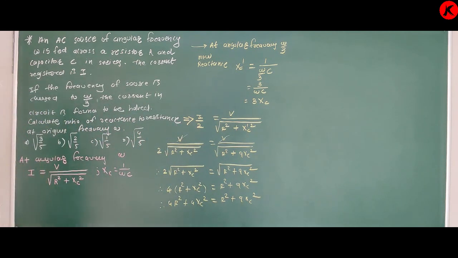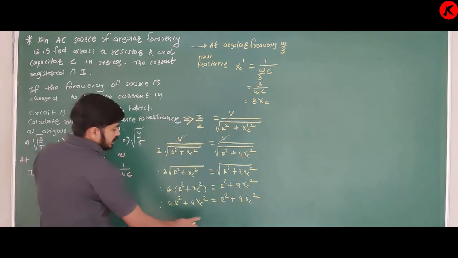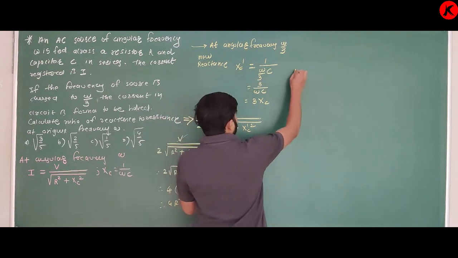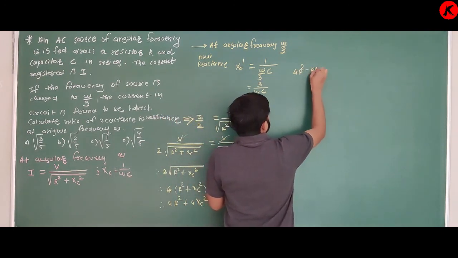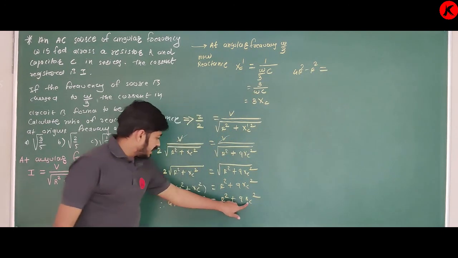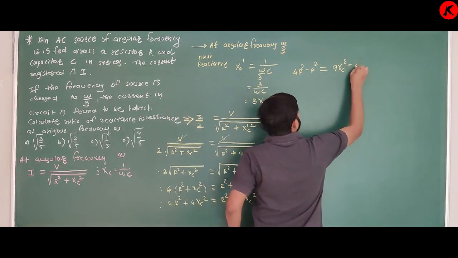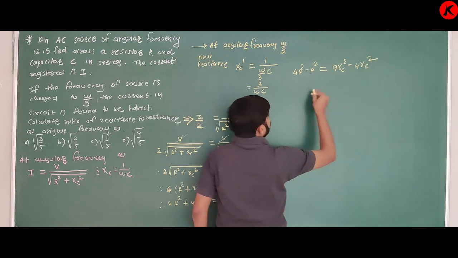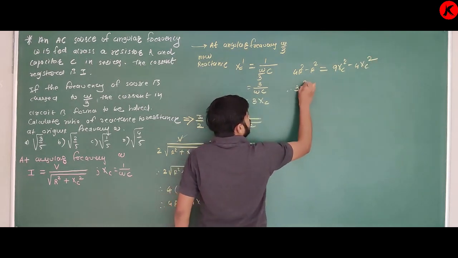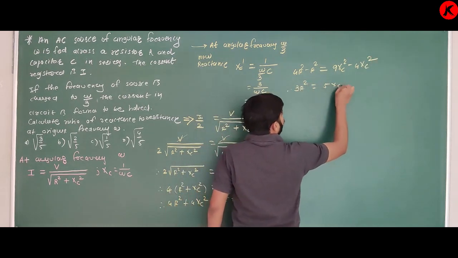Any doubt? Okay. So yes, rearranging, 4R square minus R square is equal to 9XC square minus 4XC square. Therefore 3R square is equal to 5XC square.